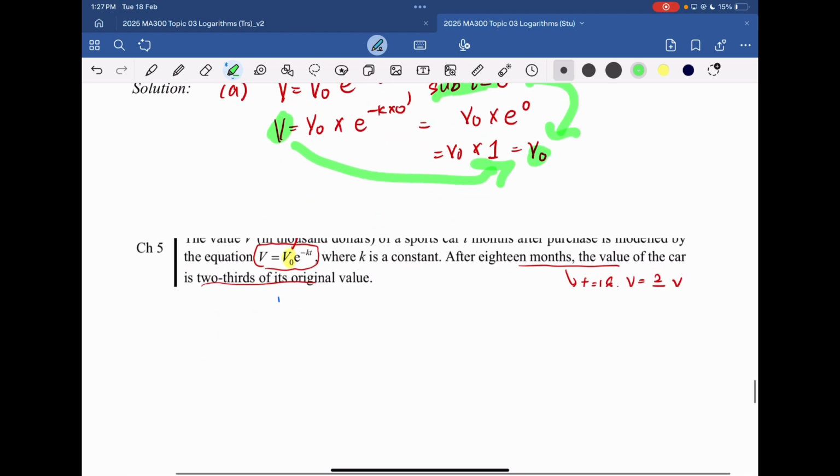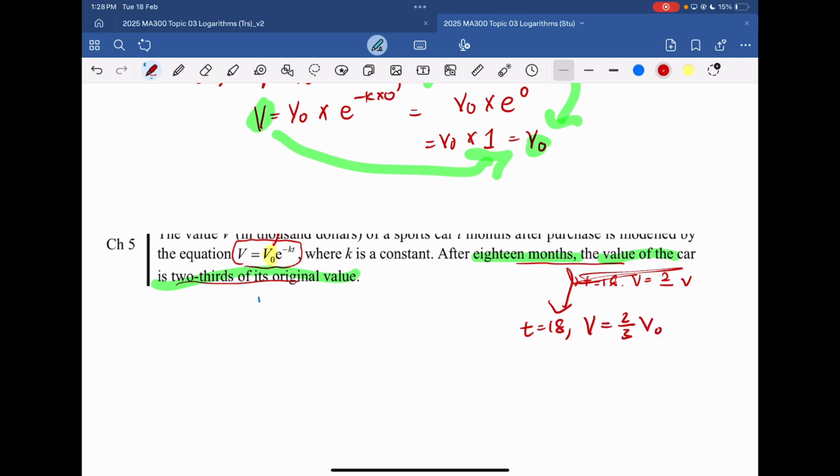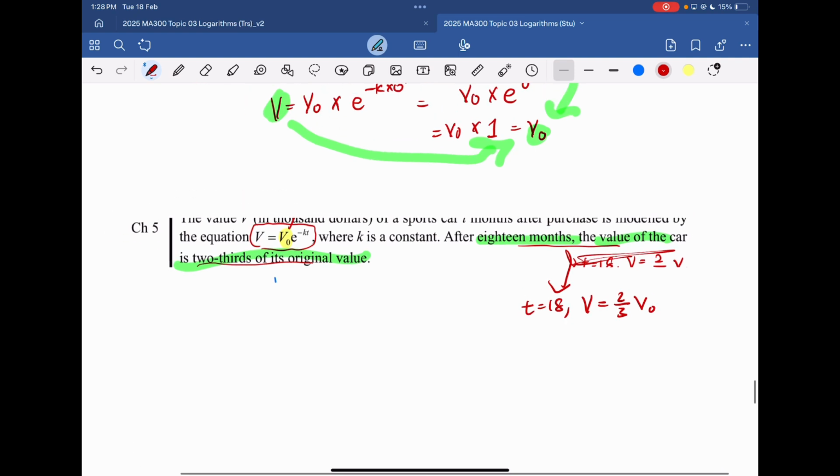Basically, all you need to do is t equals 18, the value is 2/3 of V0, like what Joshua said earlier. Look at me. Now you sub into the equation V0 e negative kt.